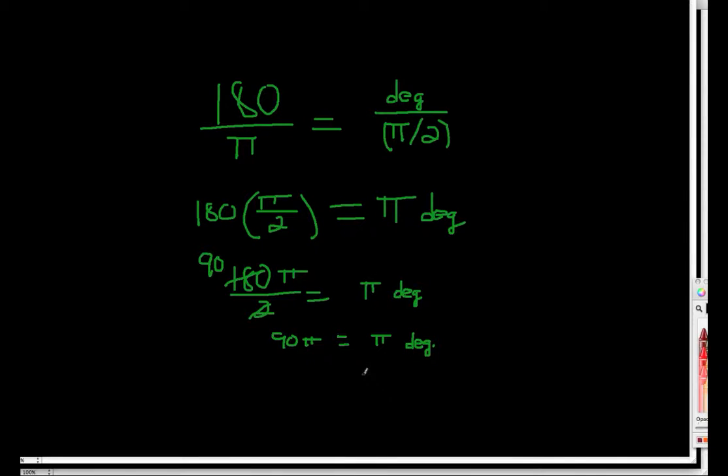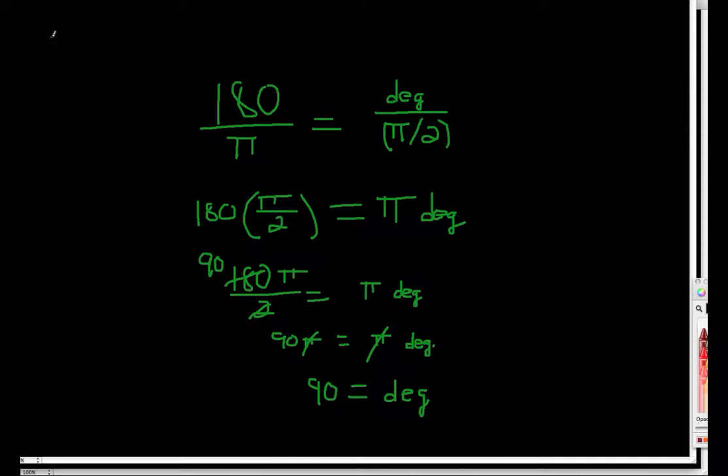That's pretty interesting. I have a pi on both sides of the equation. I cancel out the pi on both sides, and I get 90 is equal to the angle in degrees. So pi over 2 radians is equal to 90 degrees.